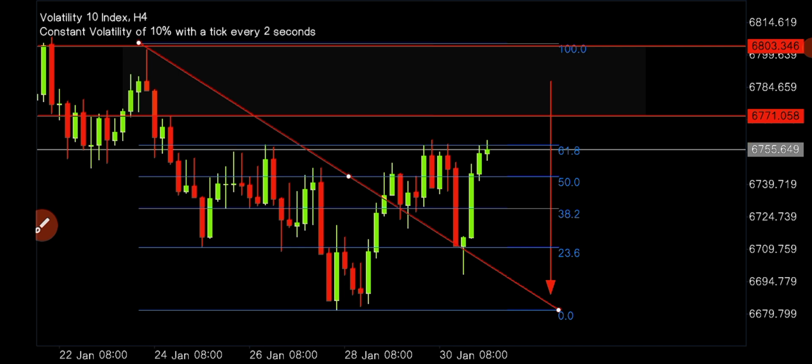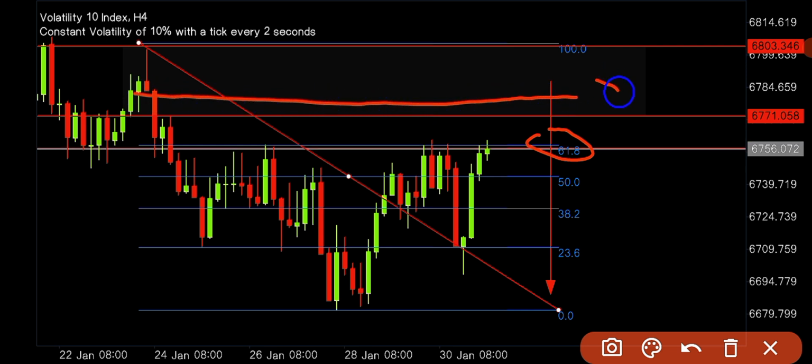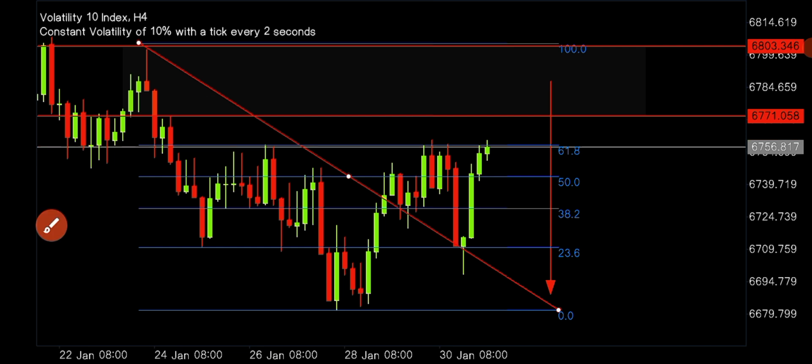So for this selling market, the premium range is 61.8, 78.6 level, which is not on this my Fibonacci, but 78.6 level is usually somewhere here. 78.6 level and 90 or 100. So this is your premium range, and you can see the market is going to tap into that premium range possibly. So it's another confluence for you to take a trade. All right. So another confluence we can have.